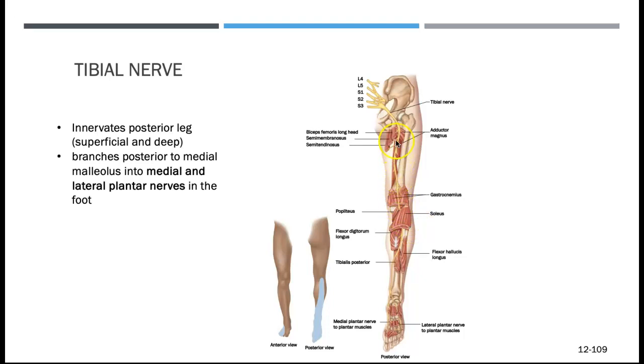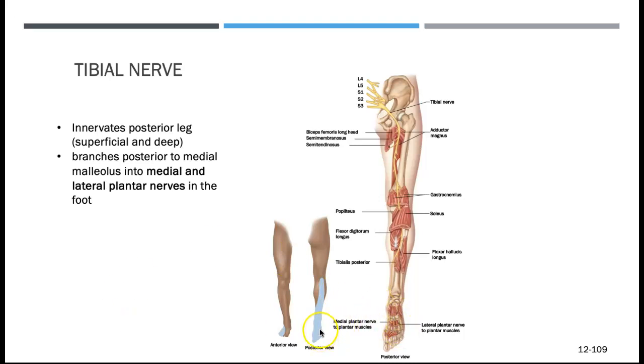So it's sciatic up in here and then becomes tibial as we move down the posterior leg, and then once we get to the ankle region, we'll see a bifurcation of the tibial nerve into a medial plantar nerve and a lateral plantar nerve that'll continue to supply the foot.